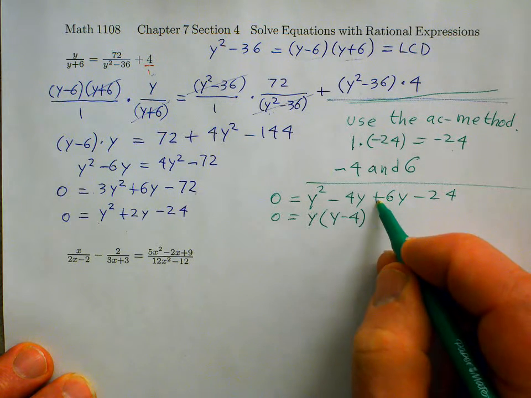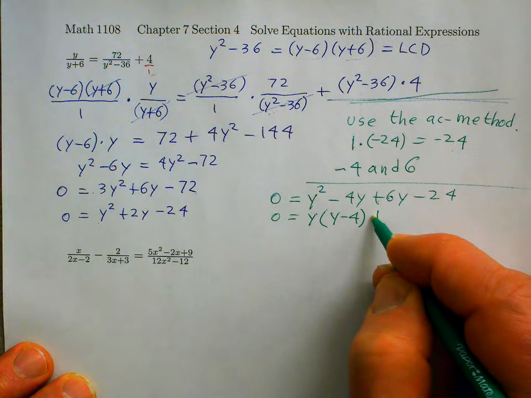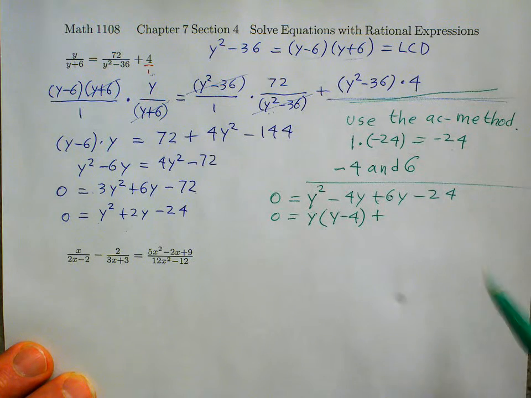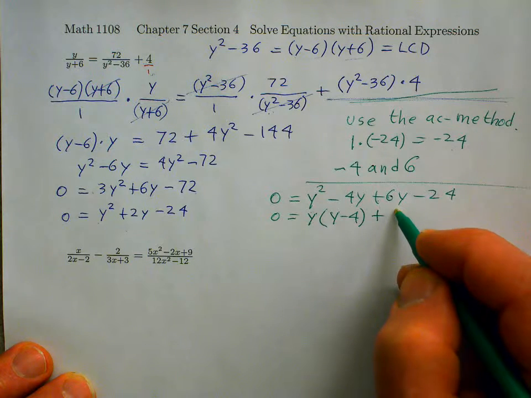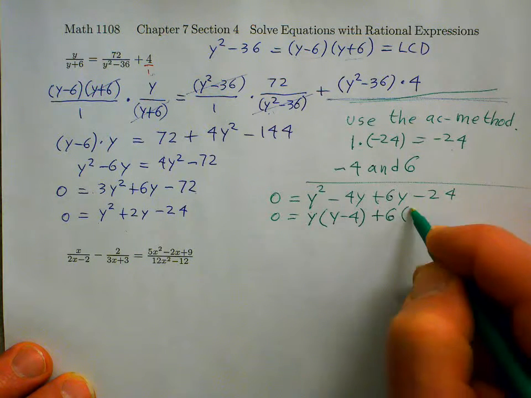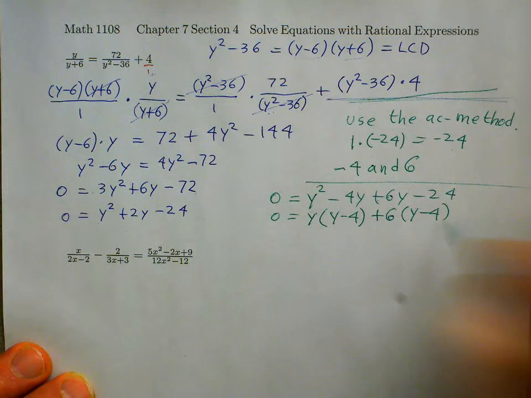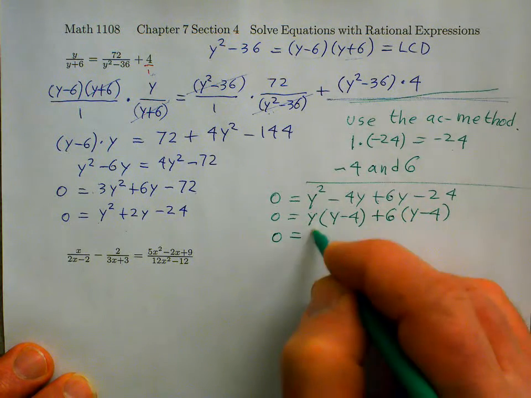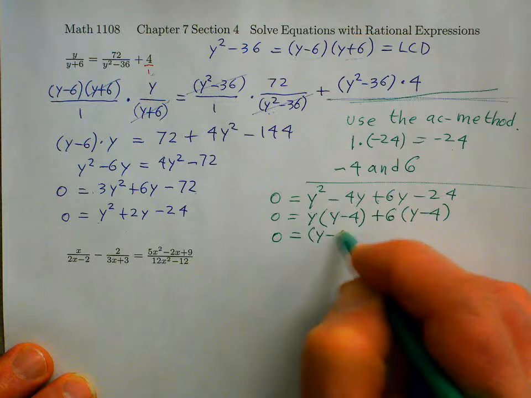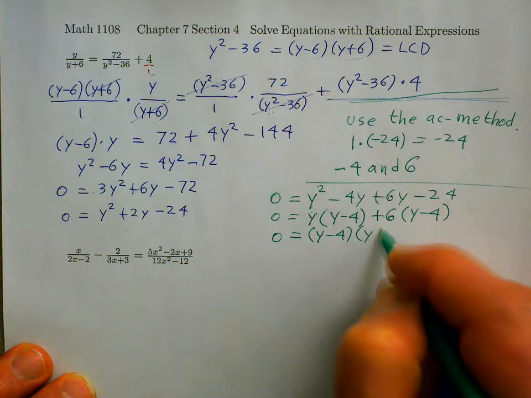The middle operator is addition, so we bring down addition. Out of the third and fourth term, 6y minus 24, we factor out positive 6, and then y minus 4. And then the complete factorization, y minus 4 times y plus 6.